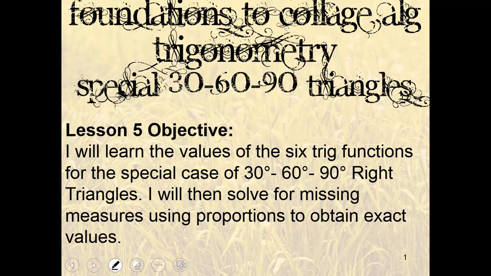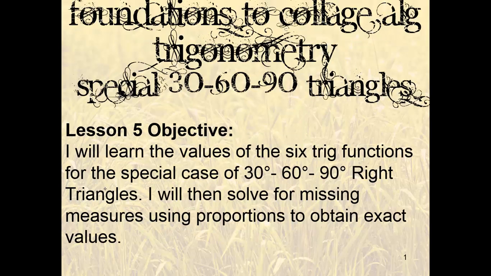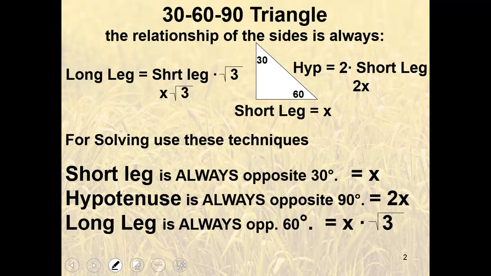So let us go. All right, a 30-60-90 triangle. The relationships of the sides are always, okay, when you have a 30-60-90, let your short leg, which has to be opposite the 30 degree angle, always be defined as x.